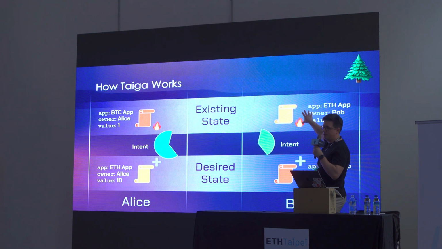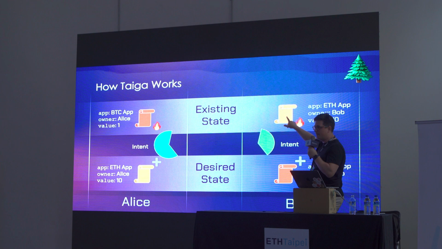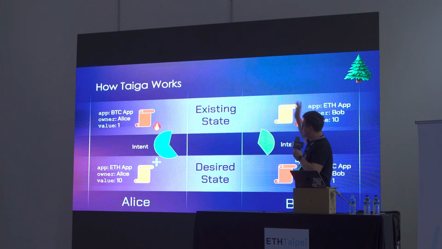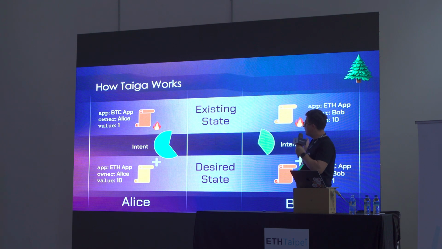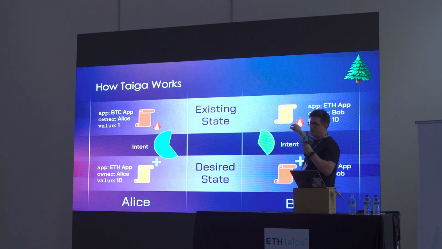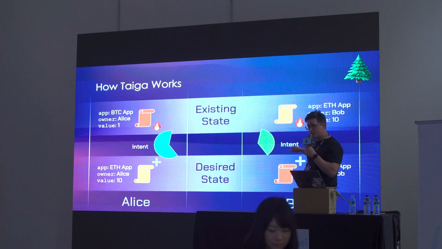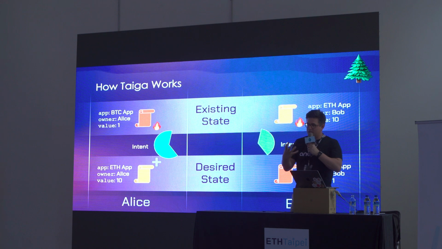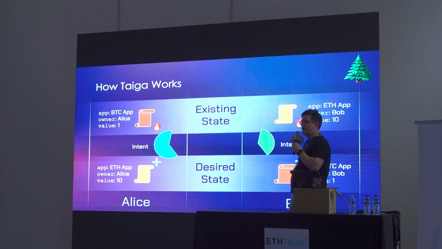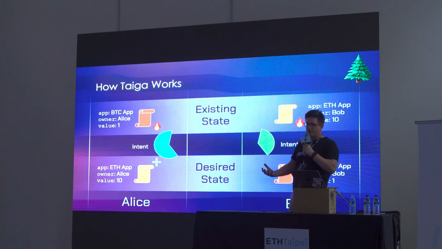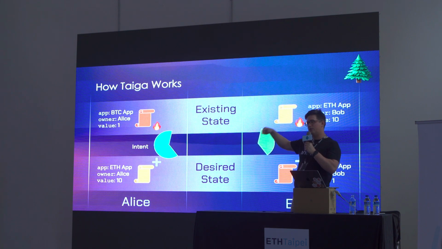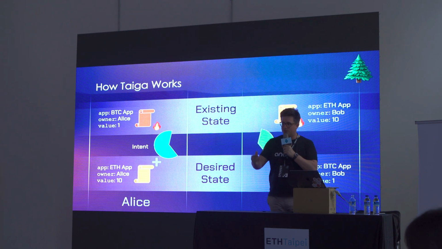Every node has a validity predicate, and then we also have the user-supplied validity predicate for their intent. Altogether, every individual validity predicate must be proved to be correct. Then all of this together is sent to a different circuit, like a Taiga circuit, that verifies that all the proofs were valid and produces a proof of verifying the proofs. And then this final proof is what gets submitted to the chain. So that's how it works.